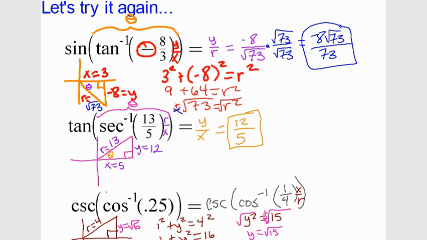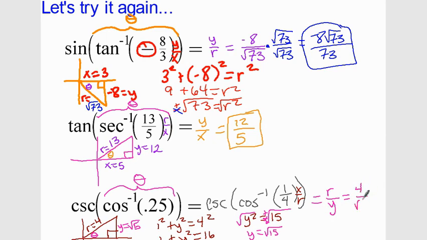Okay, so we want the cosecant of the angle whose cosine is 0.25. That's the angle we're thinking of as theta. We don't have to find theta to find its cosecant. Cosecant is just r over y. So my r value here is 4.